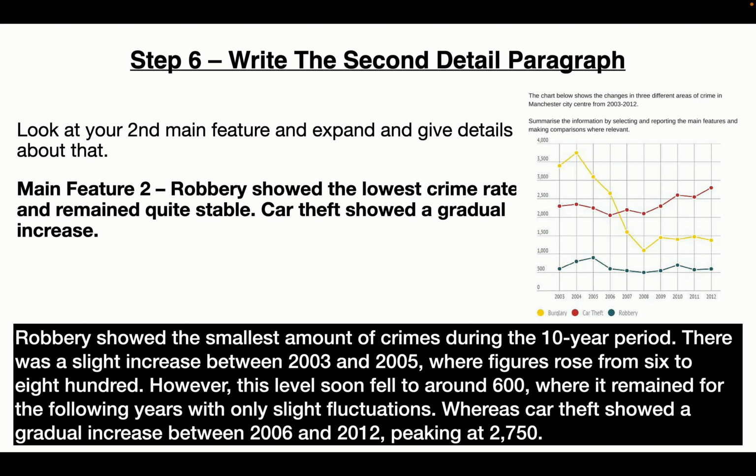Robbery showed the smallest amount of crimes during the 10-year period. There was a slight increase between 2003 and 2005, where figures rose from 6 to 800.